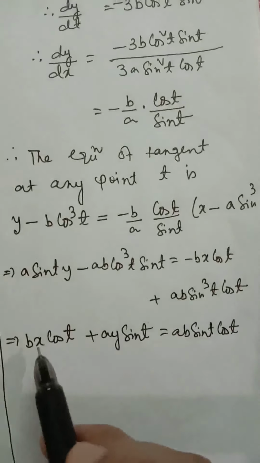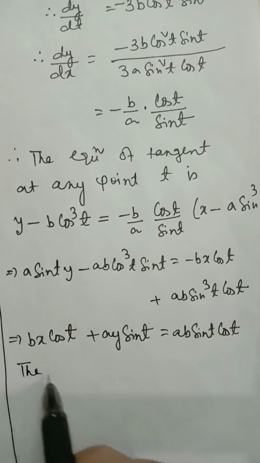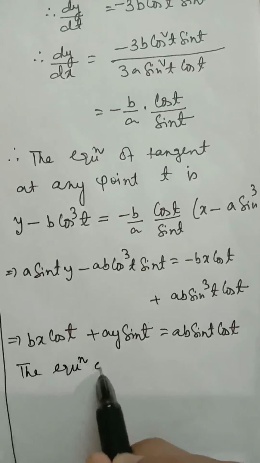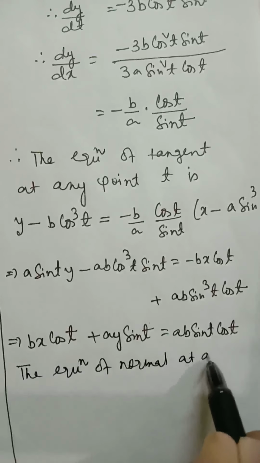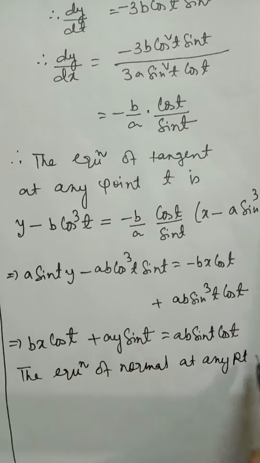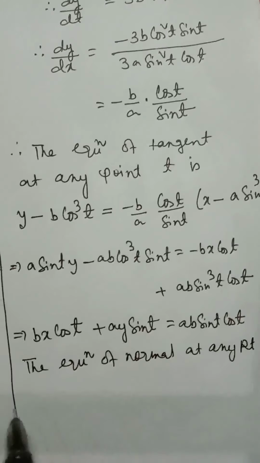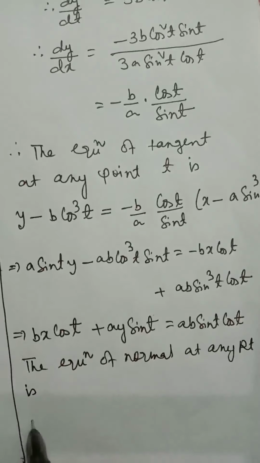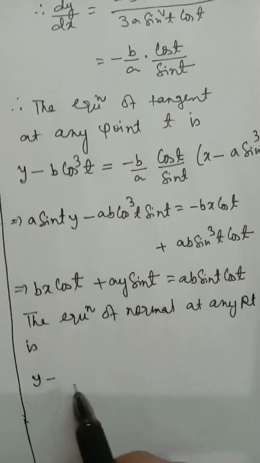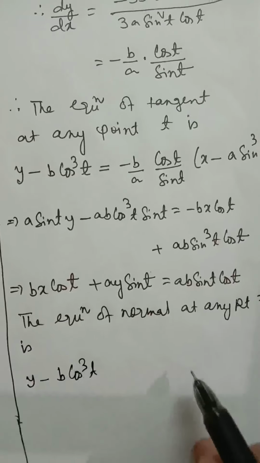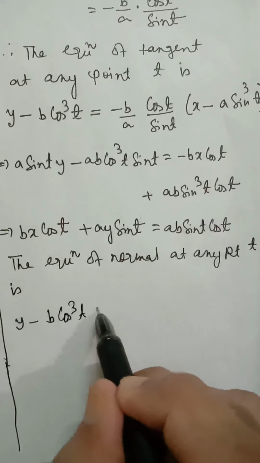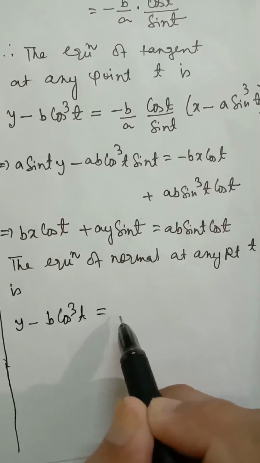Now the equation of the normal at any point t is y minus b cos cube t equals minus 1 by dy by dx.